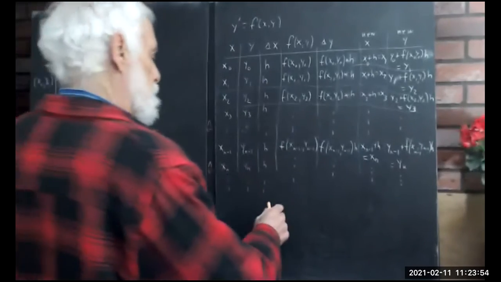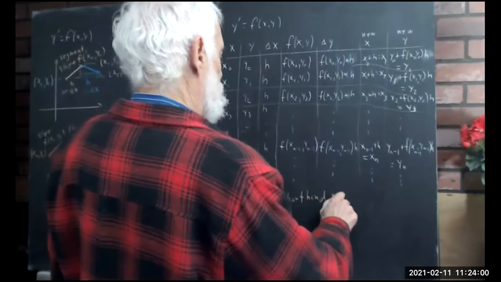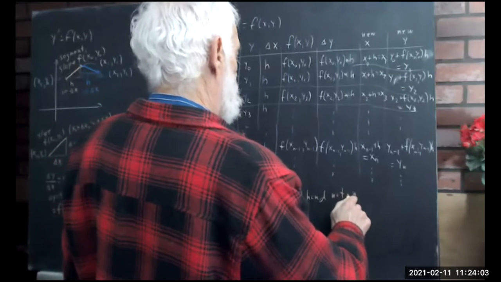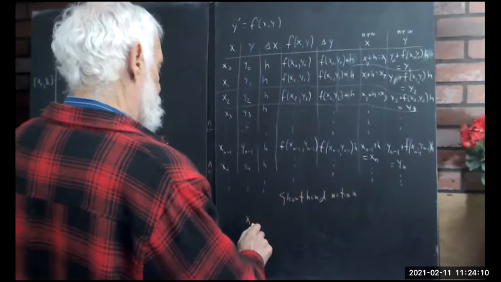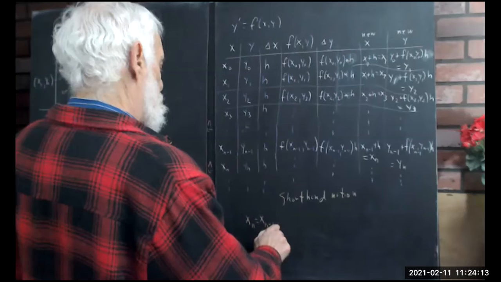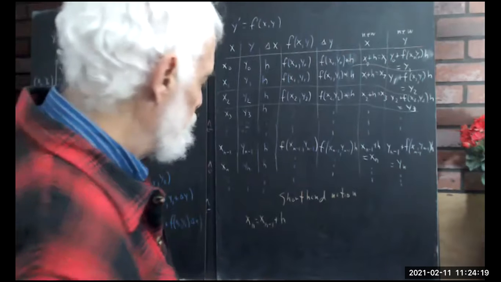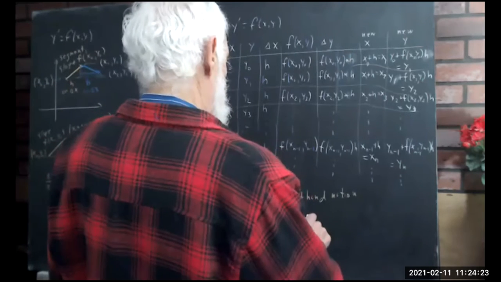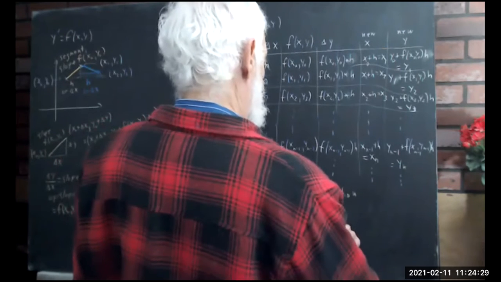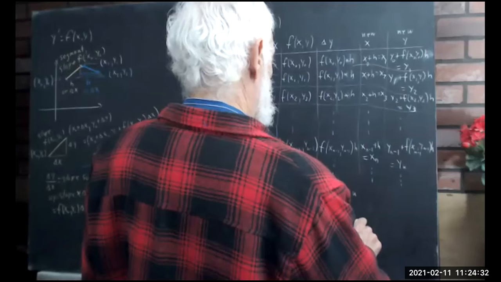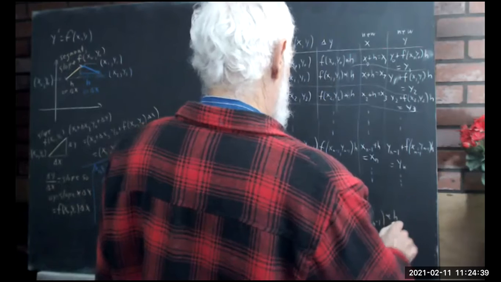So we have a shorthand notation, which just says x sub n equals x sub n minus 1 plus h, and y sub n equals y sub n minus 1 plus f of x sub n minus 1, y sub n minus 1 times h.